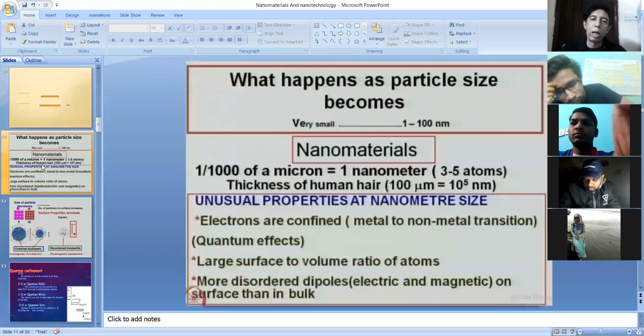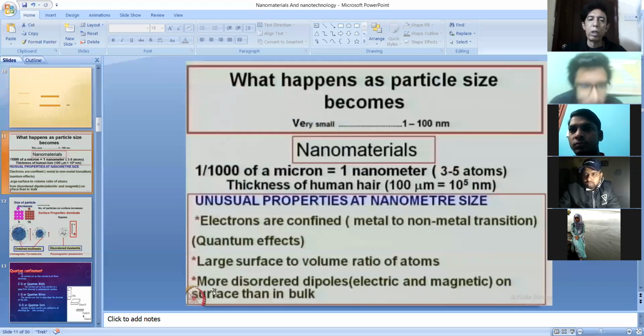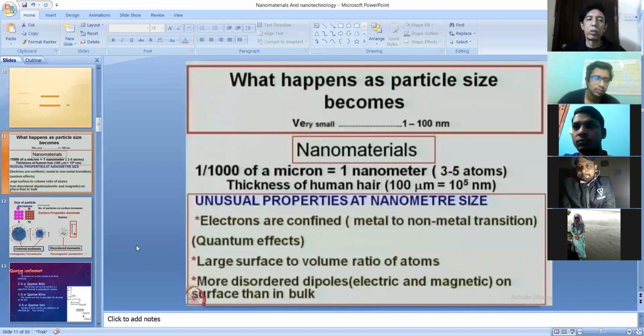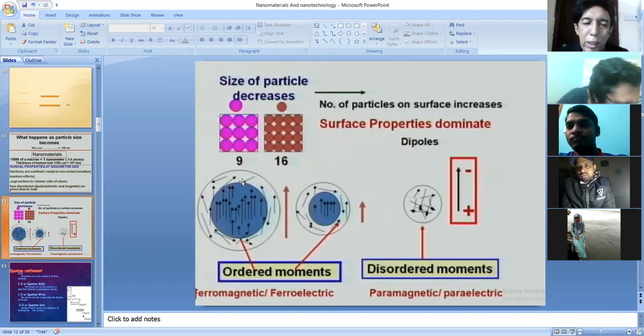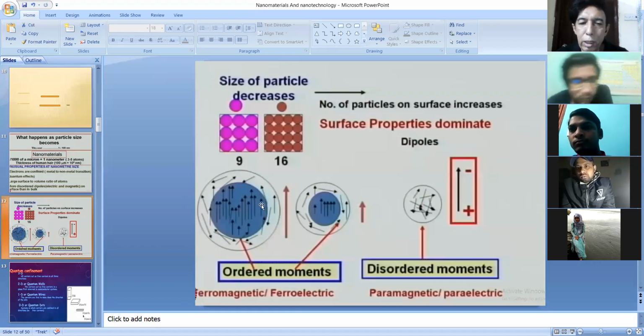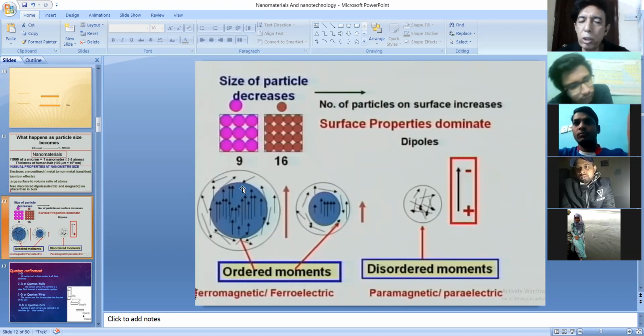Now, what is quantum confinement? I'm telling you. First, you see electrons are confined, with a large surface to volume ratio of atoms and more disordered dipoles. What are more disordered dipoles? This is the bulk material. Here the dipoles are in the same direction, so we call it ferromagnetic material.